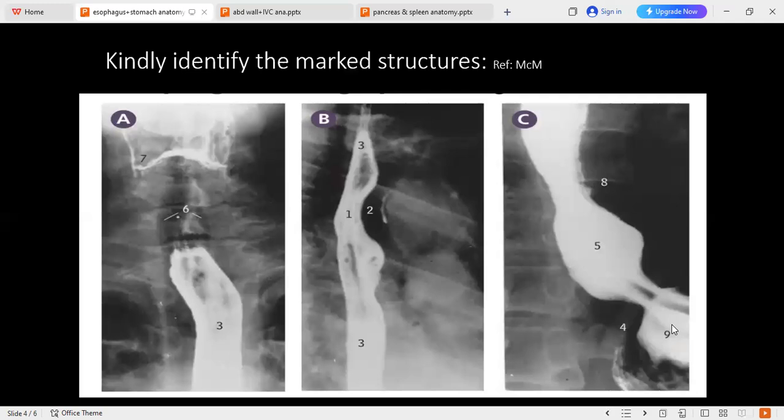What are the conditions or the indications for asking for barium swallow? If a patient has any dysphagia, vomiting, or any difficulty in eating. Just dysphagia, all right.